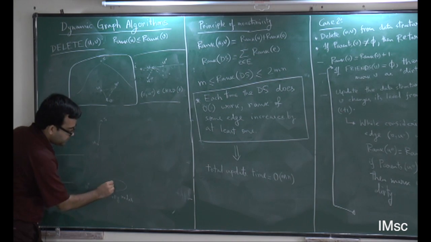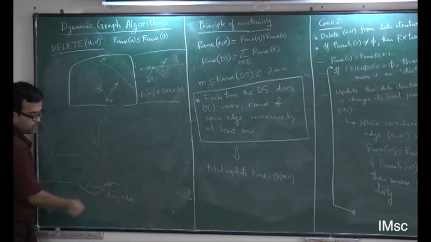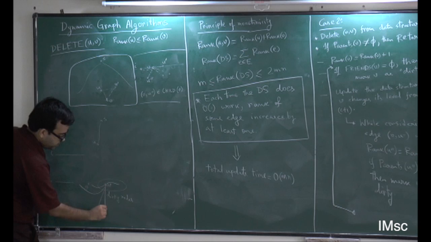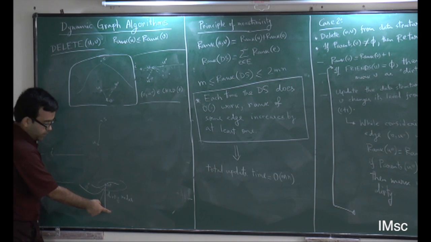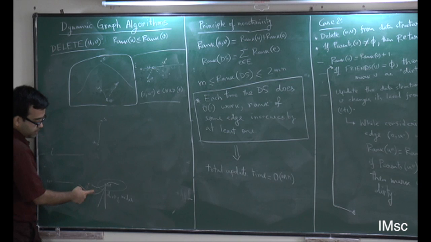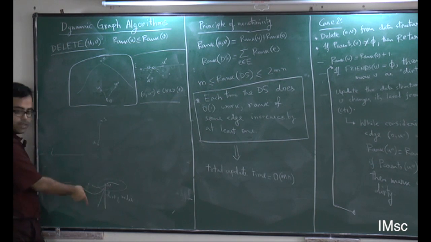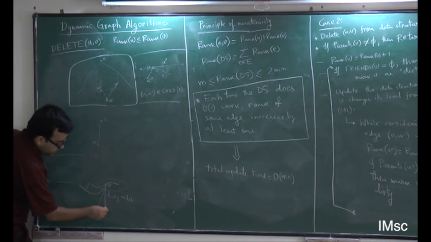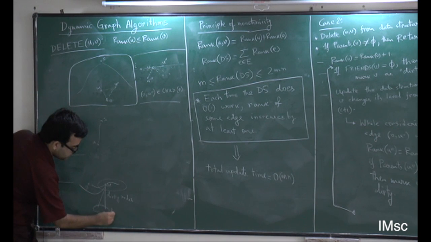So, it can have some friends here. It does not matter whether the friends are dirty or not. It can have some friends here and it can have some children here, and now W drops, what happens? Of course, you adjust the status of these edges, which list will they belong to, and then potentially W's children will become dirty. So, this creates some dirty nodes in level I plus 1.